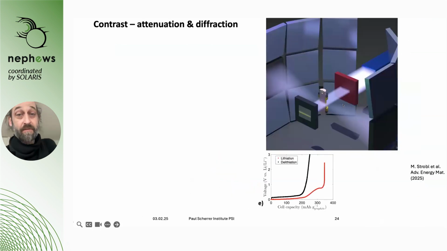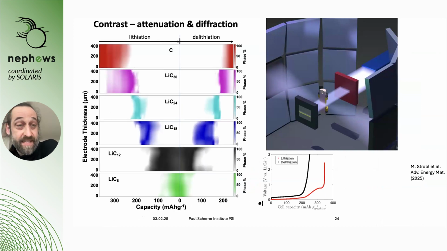And now I have one last example at the end, a very recent paper that we did, where we combine basically directly imaging and diffraction in one instrument, and we measure battery, and we want to see the lithiation phases. Depending on the thickness, we measure very thick graphite electrodes. This is to increase the energy density.